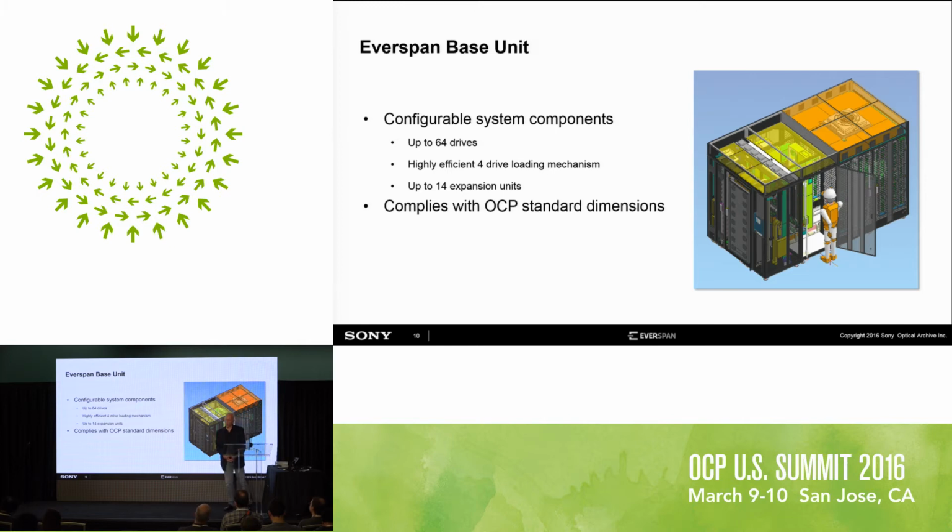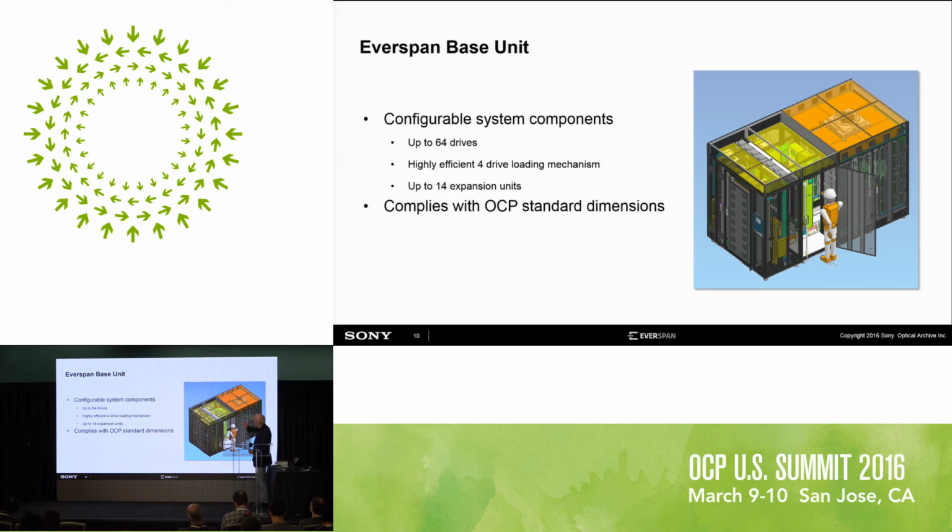So here you see a picture which shows the Everspan product. In this area we have what we call the drive unit. Then we have a robotic unit, and then we have what we call the expansion unit.